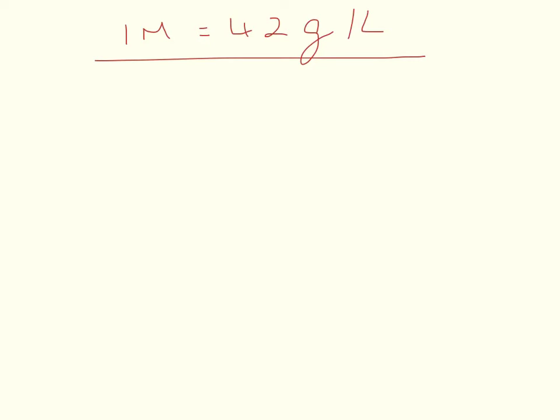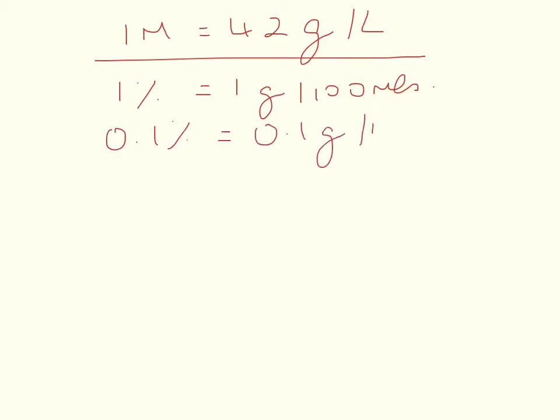It says that it has 0.1% weight per volume sodium fluoride. So that's back to our percentage, and you remember our percentage, 1% equals 1 gram per 100 mils. And that means that if it's 0.1%, it's equal to 0.1 grams per 100 mils.